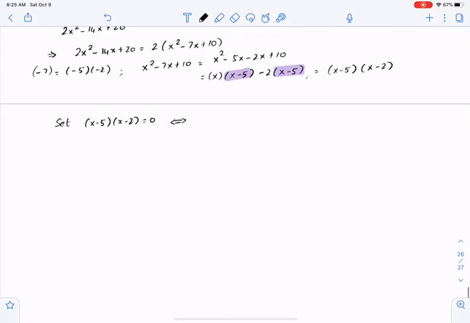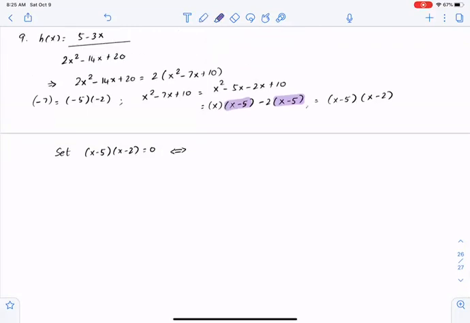So if I set x minus 5 times x minus 2 equals 0, that is exactly equivalent to saying I am going to set that denominator equal to 0 because we just factored the denominator.